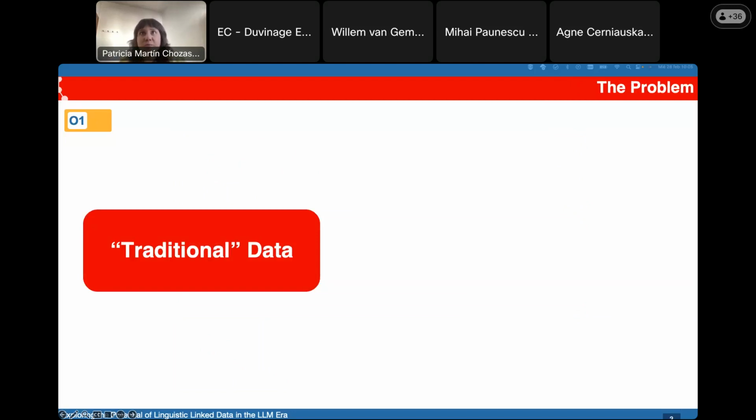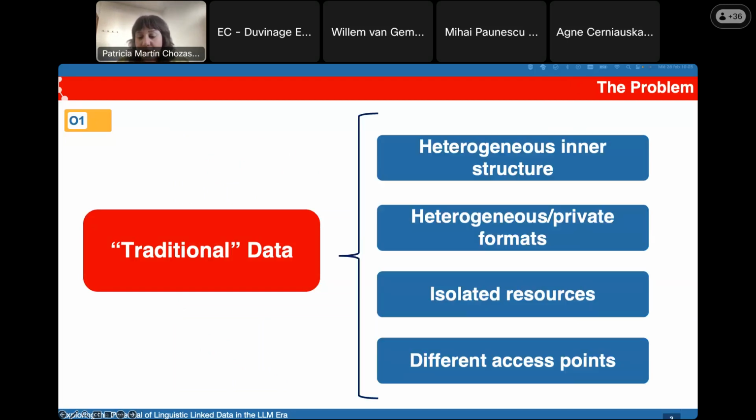And let's start by defining the problem. When performing natural language tasks, researchers and professionals face problems of data consumption, since traditionally data sources are published to be consumed by users and not by computers. Therefore, they present some limitations, especially when trying to reuse them. Commonly, no standard inner structure among resources is followed, which hinders automatic processes over this data.